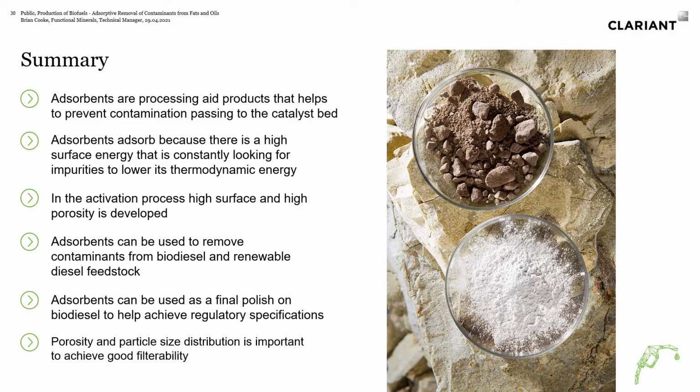Porosity and particle size are controlled so that you have better filterability, better flow. The better flow you have, the more you can process and the less you'll have to clean out the filter. The adsorbents can also be used as a final polish for biodiesel to help achieve regulatory specifications.